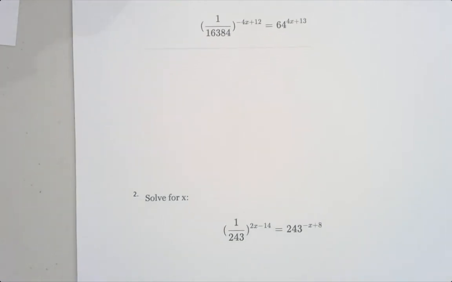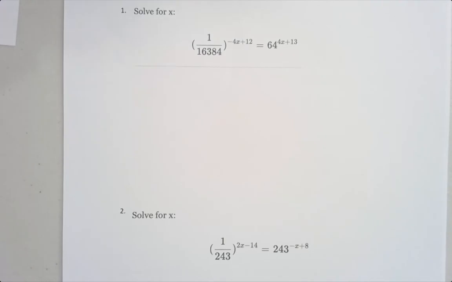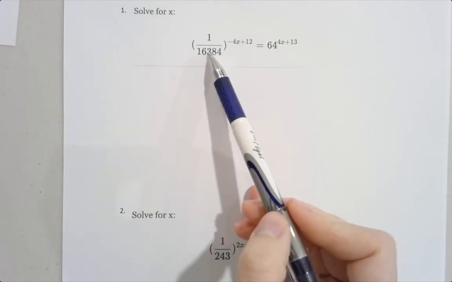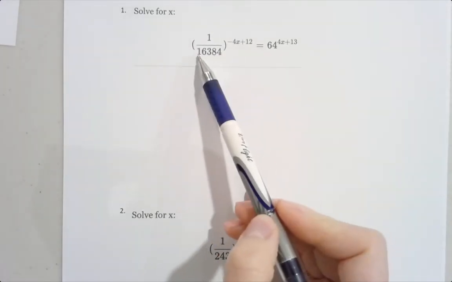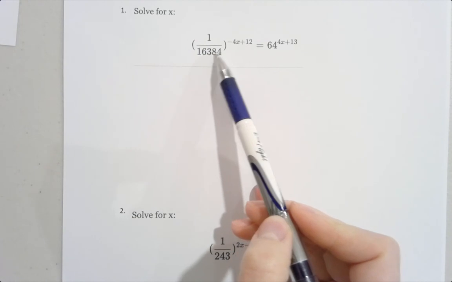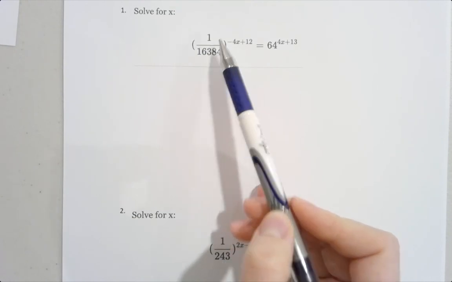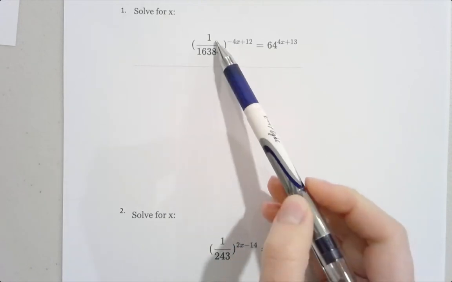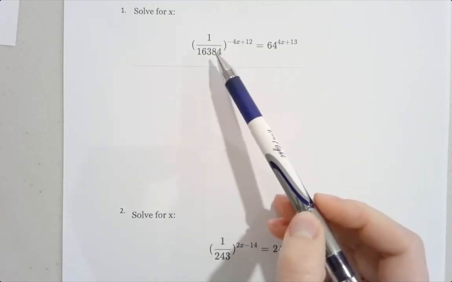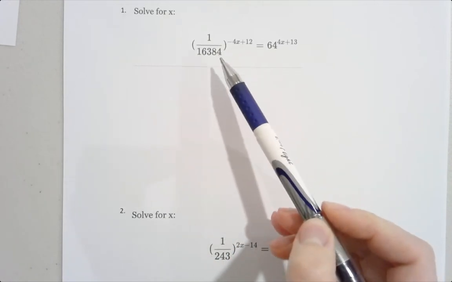It's the same process. It's just that if you happen to see a fraction, remember, if we want to get rid of this fraction, I could just write this as 16,384 to the negative first power, right? When I want to bring it back up here, because if he doesn't want to be in the numerator, then if I'm going to write him up there, I need to put that negative exponent to let everybody know that.